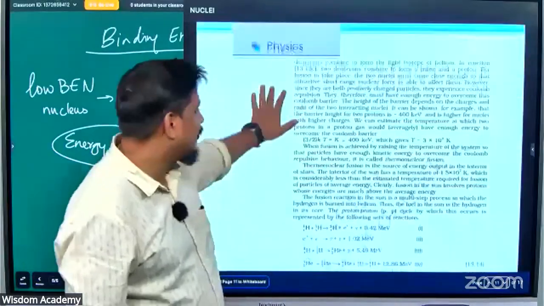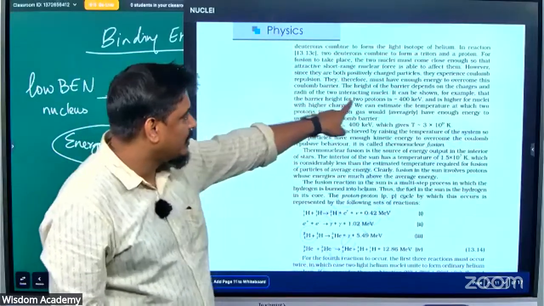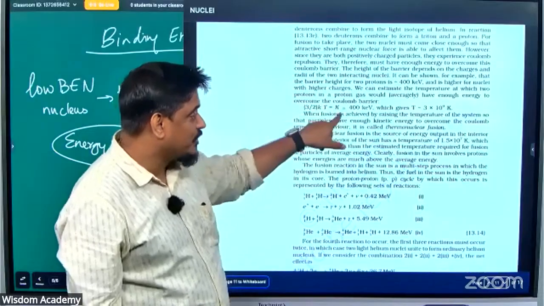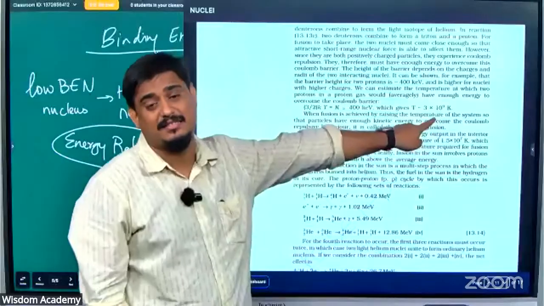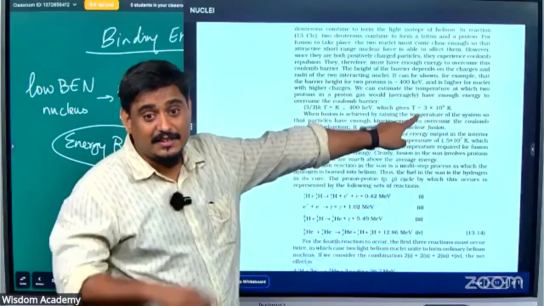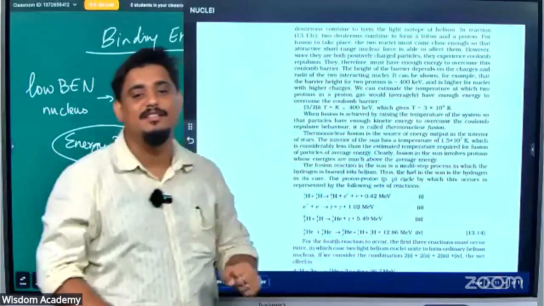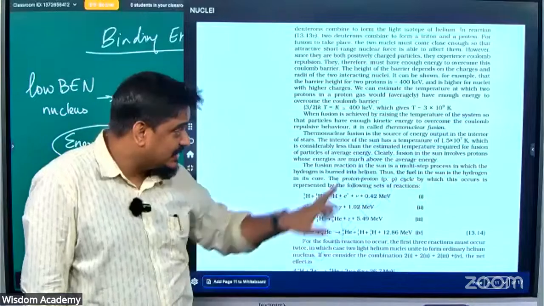So whatever I spoke now is given here also, about why it is difficult: the proton repulsion barrier. So how much energy do we need? They told that for conducting a fusion reaction, we need 3 × 10⁹ kelvins. 3 and 9 zeros, that much Kelvin of temperature you need. Then only can you have a fusion reaction. And that is difficult.